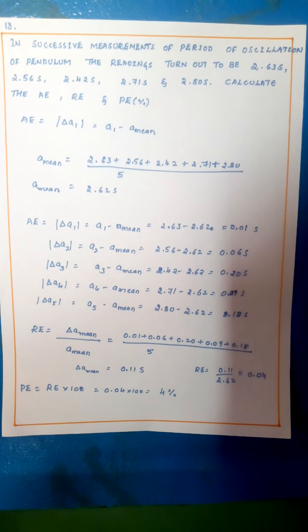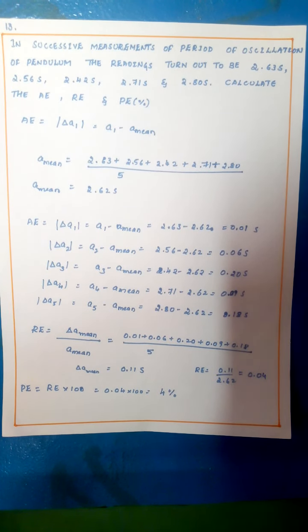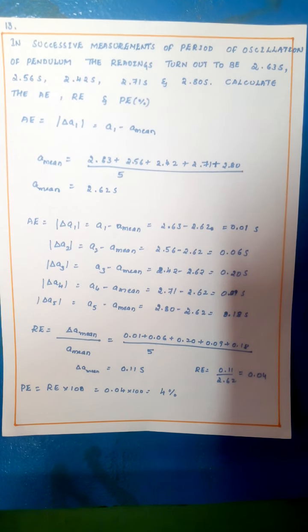Delta A1 is equal to A1 minus A mean, 2.63 minus 2.62, so delta A1 is 0.01 seconds. Delta A2 is A2 minus A mean, 2.56 minus 2.62, which is 0.06 seconds.